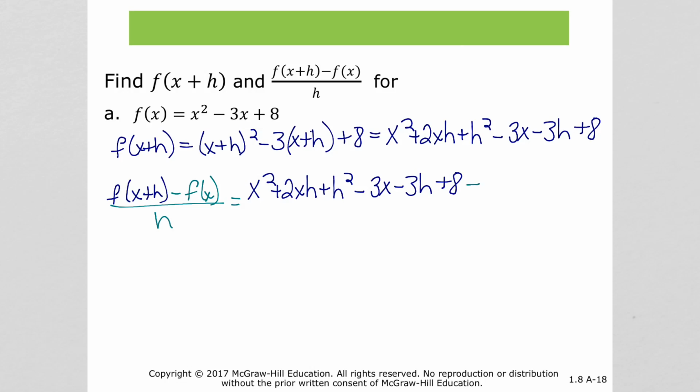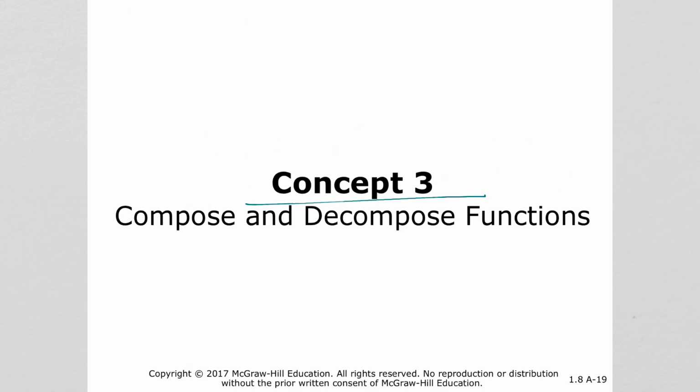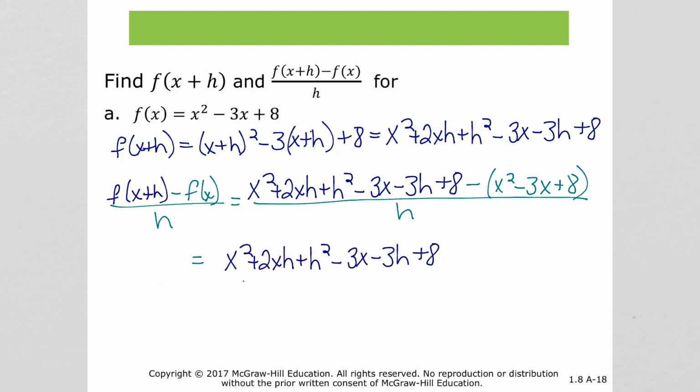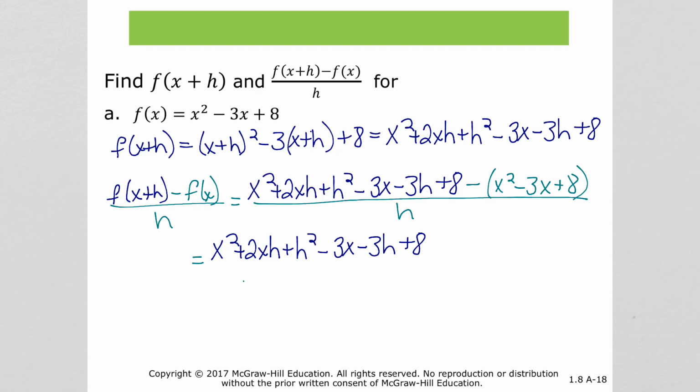And then minus f of x, which was x squared minus 3x plus 8. And that's all divided by h. And we've got to distribute that negative there. So minus x squared plus 3x minus 8 all over h.